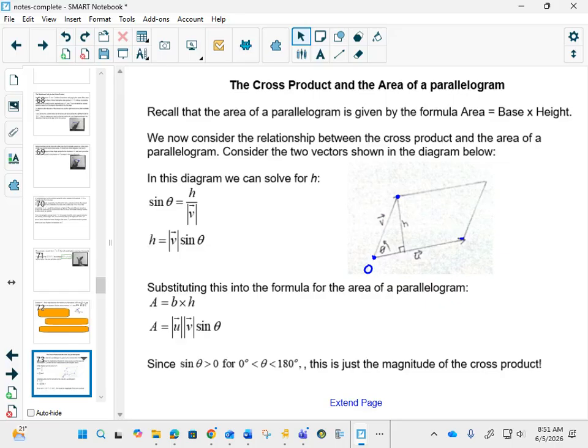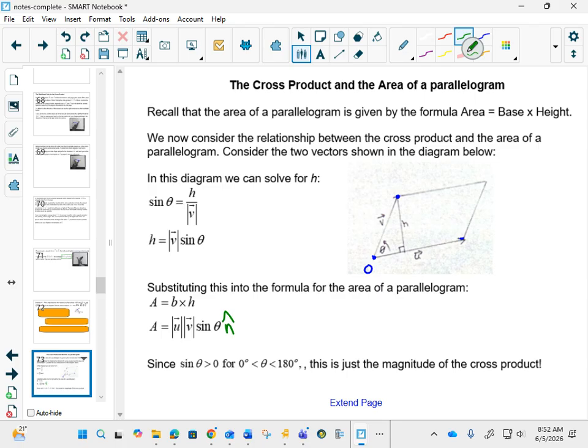Then if my area is base times height, and I substitute these in, my base is just the length of u, and my height was the length of v times sine of theta, and we notice, hey, this is just the cross product's magnitude. Because the cross product would have an extra n hat there, which has a length of 1.